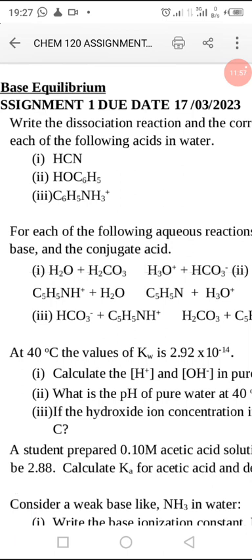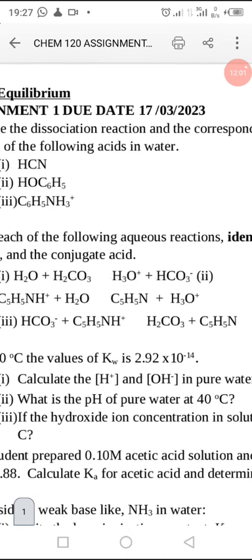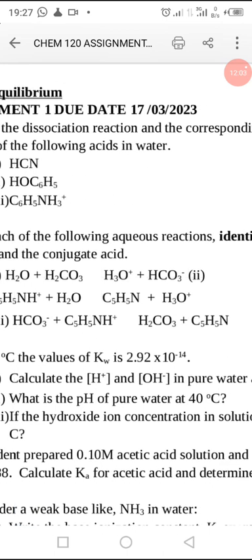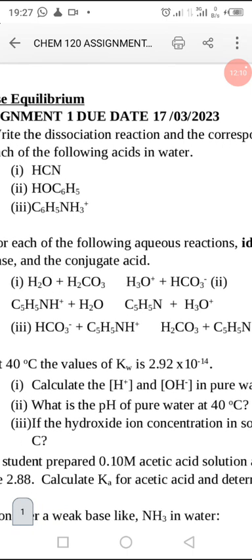Hydrogen carbonate reacting with C5H5NH+, producing carboxylic acid plus C5H5N. Right? So what's happening there? You also have to identify which one is a conjugate acid, which one is a conjugate base, which one is a base, which one is an acid.